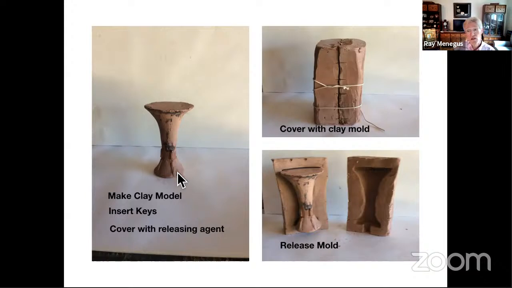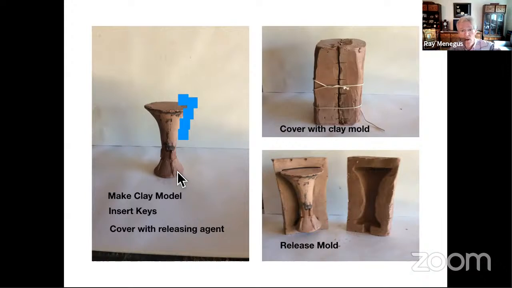The next thing that's important is he has to insert some keys. When I do this in real life, I get thin aluminum sheets, cut them up, and literally stick them into the clay all the way around, because piece mold casting is about casting in sections so that we're able to release the model from the clay, and it will separate.